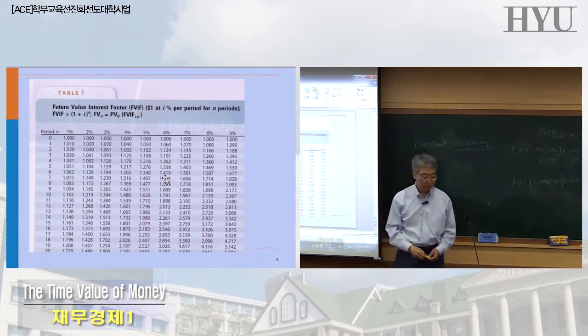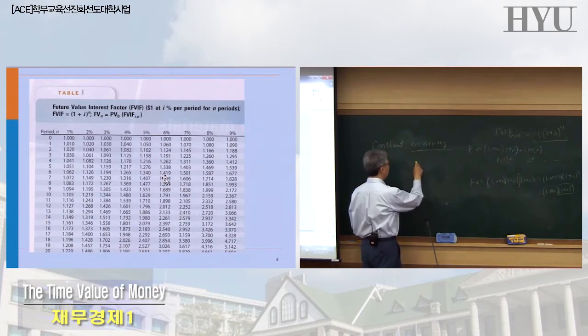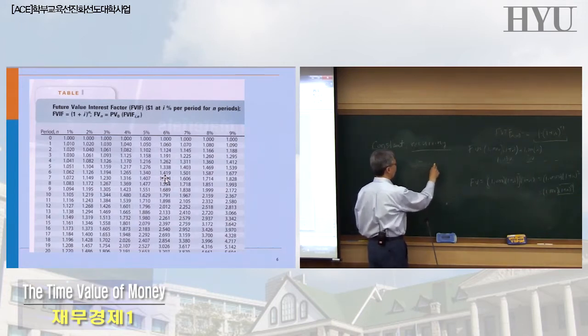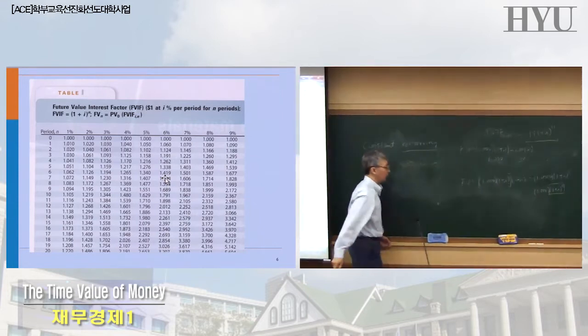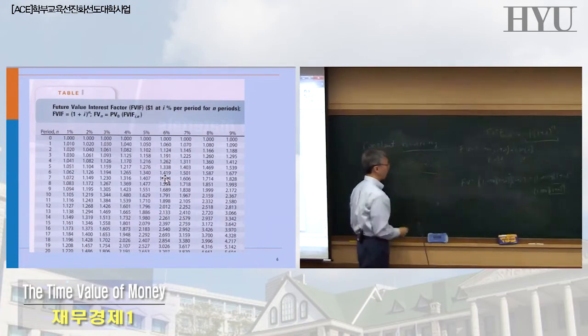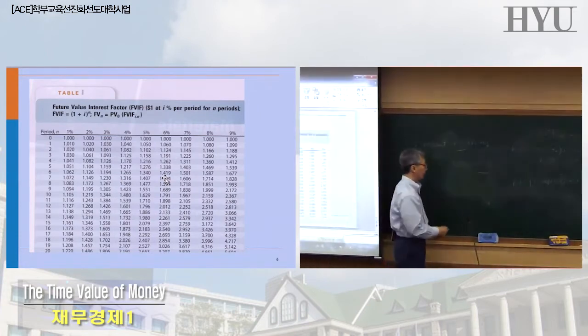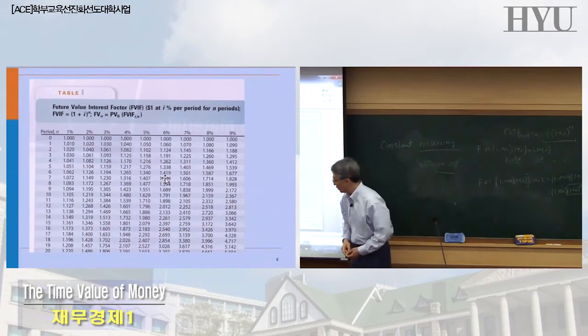For different interest rates and different numbers of periods, they've already calculated all these numbers. So for example, if you want to find the future value of $800 invested at 7% for 15 years, you can simply look for this value without calculating, and multiply it by 800. You see it here?